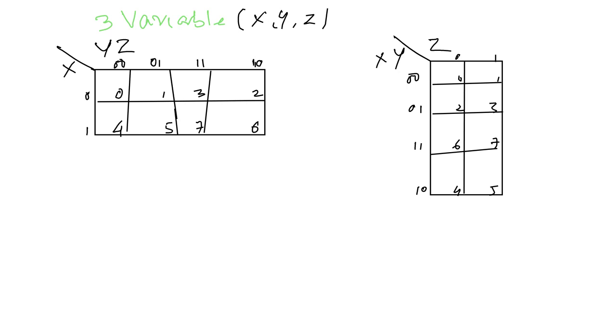Now I will take an example. For example, let us see, we have a function f, which can be represented in minterms as 0, 1, 2, 3, 4. Okay, we will simplify this. So just mark it in color, 0, 1, 2, 3, and 4.